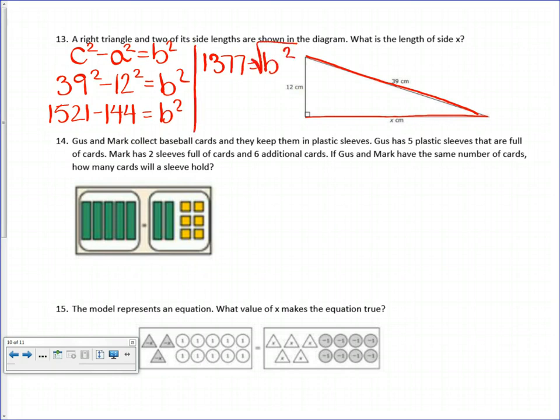And then your last step is going to be to square root that 1,377. When you square root that, you get 37.1 for your side length of x.